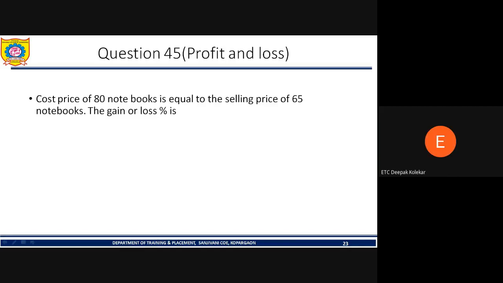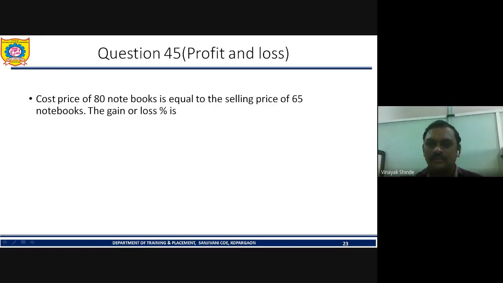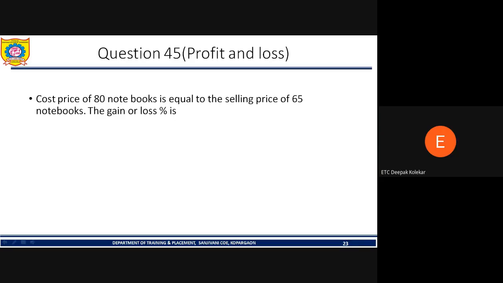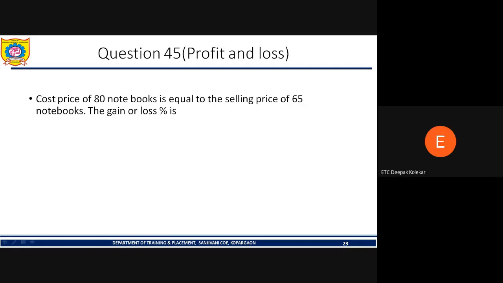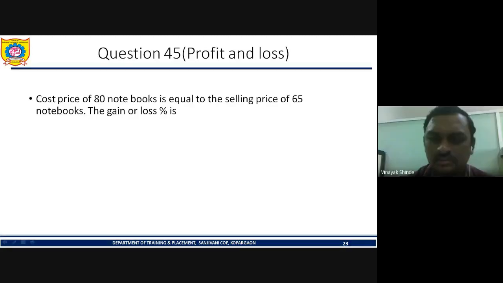Yes, sir. Deepak, how will you solve this question? Tell me the steps. Meanwhile, other students, solve this question and write your answer in the chat box. Deepak.